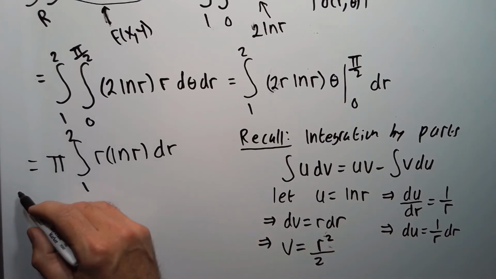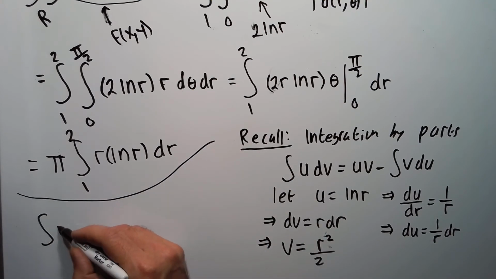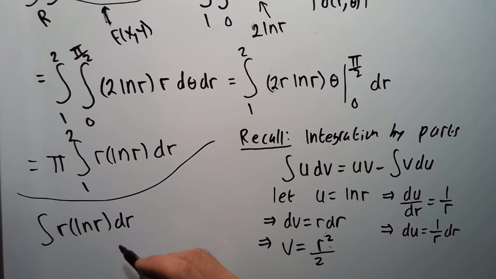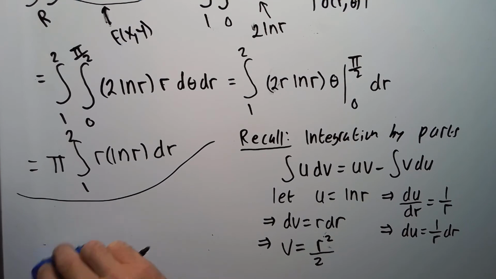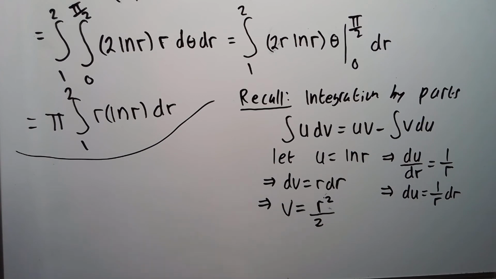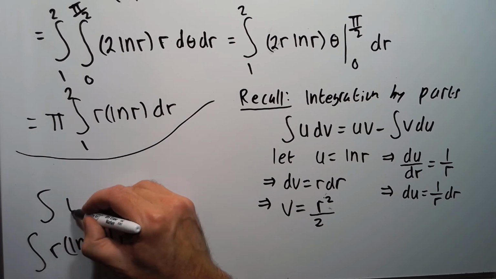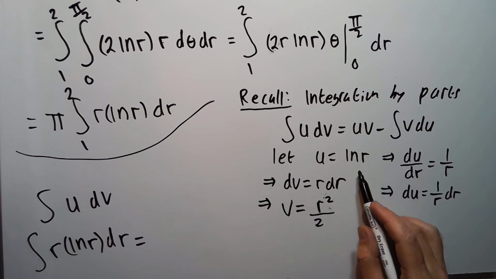Okay, so I'll come back to this. We're going to just do the indefinite integral of r ln of r dr. Well, actually, I'm running out of space. No, actually, I think I can squeeze it here. So we're looking at the integral of r ln r dr. It's going to be our u dv, so it'll equal uv. My u is ln, my v is this.